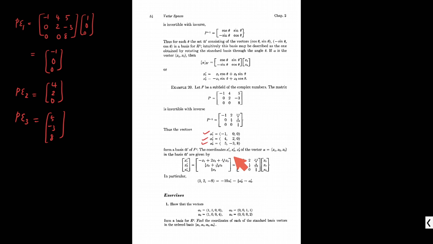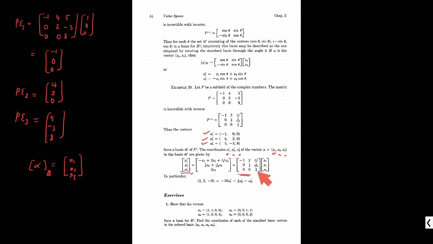Then consider the coordinates of alpha with respect to these basis vectors as x1 prime, x2 prime, x3 prime, and the coordinates of alpha corresponding to the standard basis as x1, x2, x3. That we have shown in example 18. If alpha is this one, then the coordinates of alpha relative to the standard basis will be x1, x2, x3. Once you have this, you can find the coordinates of alpha corresponding to B prime as this matrix times this one.